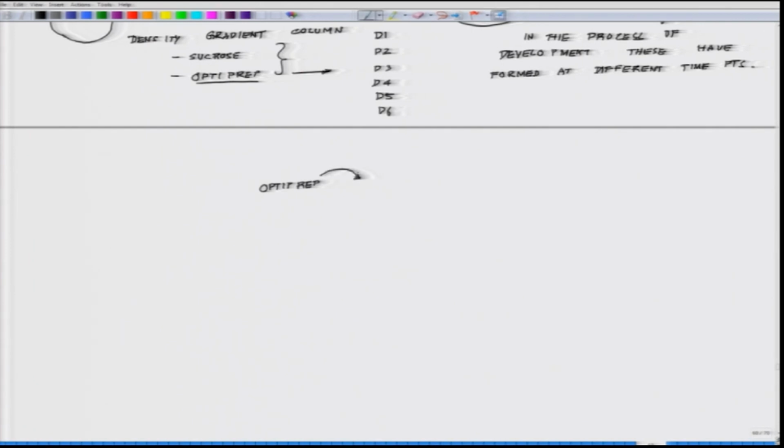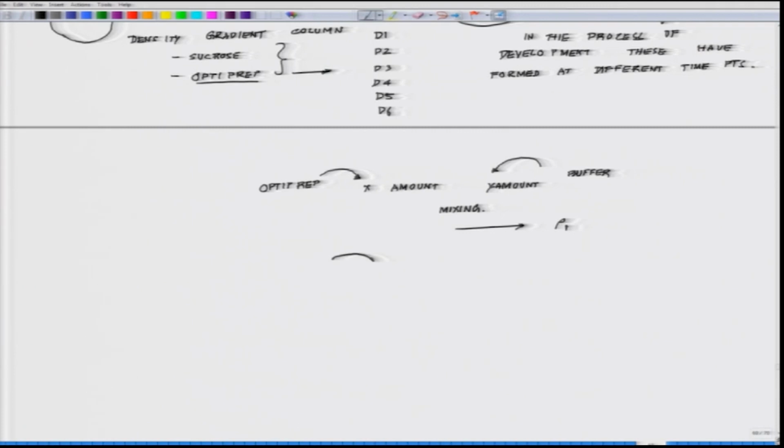I take X amount of OptiPrep and a buffer where the neuronal cells will survive, Y amount of buffer. I mix them at a particular ratio and achieve a particular density, say density 1.